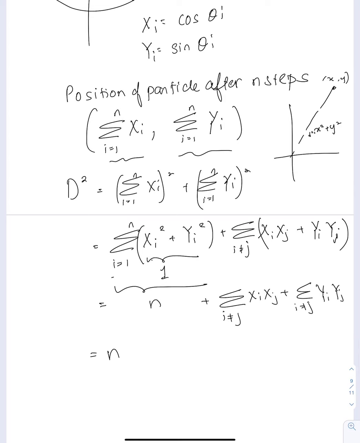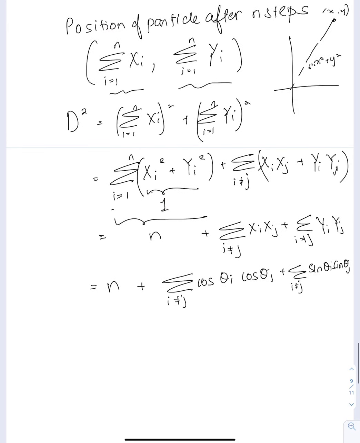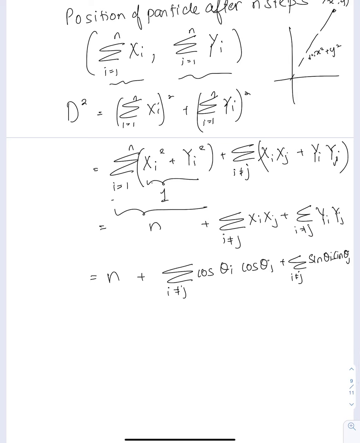Let's write this down. N plus the summation i not equal to j of cosine theta i times cosine theta j, plus the summation i not equal to j of sine theta i times sine theta j. Okay, so let's take a moment and figure out what the expected value of this is. We want the expectation of d squared, which is the expected value of this whole thing.